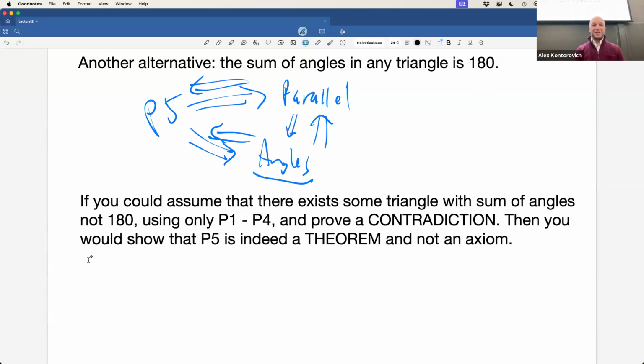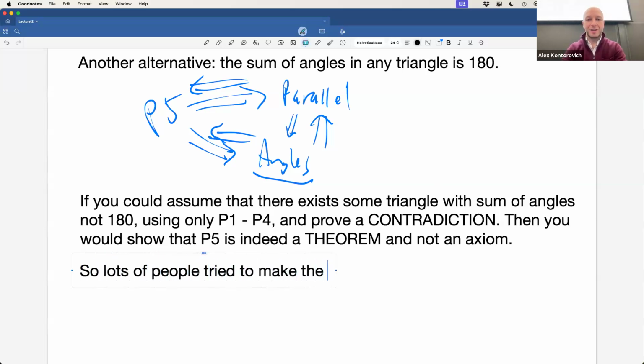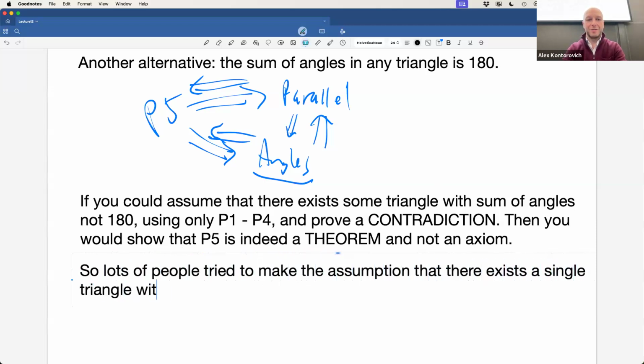And so people tried to make this assumption. So lots of people tried to make the assumption that there exists a single triangle with sum of angles not 180, and see if they could find a contradiction. See if they can follow the logic all the way down to a contradiction.